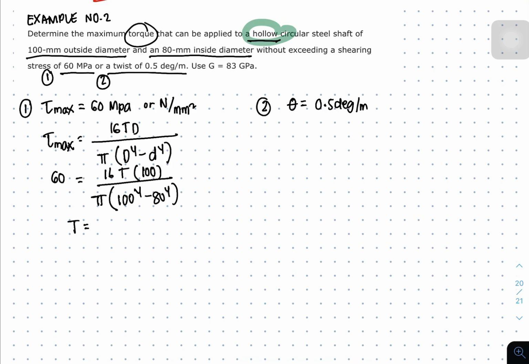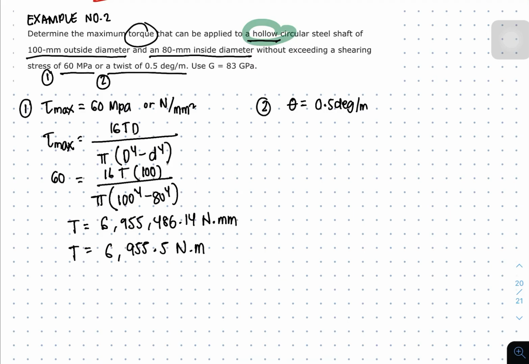So our torque here is 6,955,486.14 Newton millimeter or 6,955.5 Newton meter.